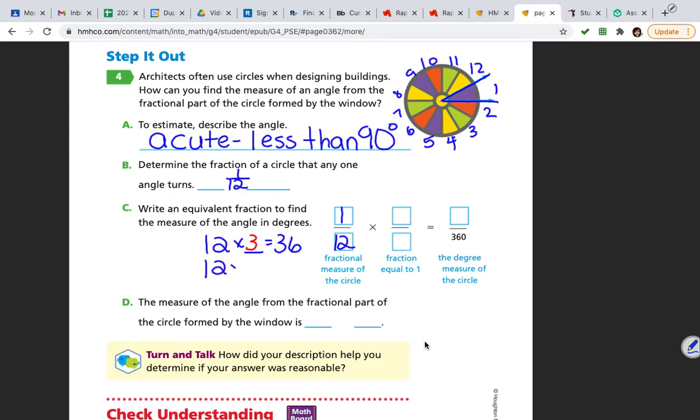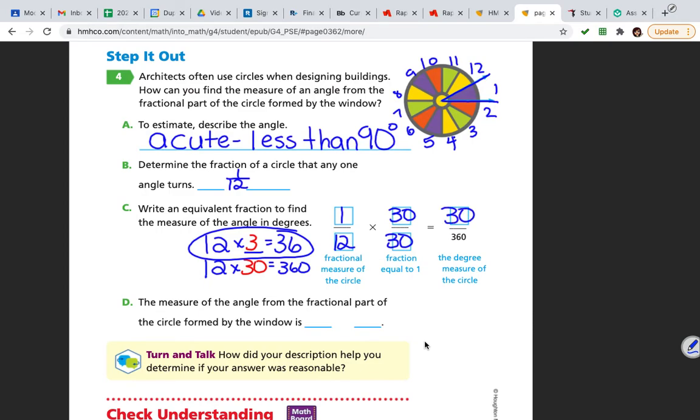So I know that 12 times 30 equals 360. So if I can solve that basic fact of 12 times 3 equals 36, I can solve 12 times 30 is 360. So I'm going to multiply the top by 30, the bottom by 30. So 12 times 30 is 360, 1 times 30 is 30.